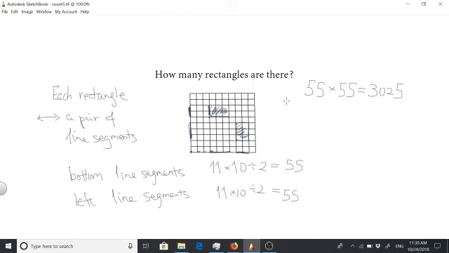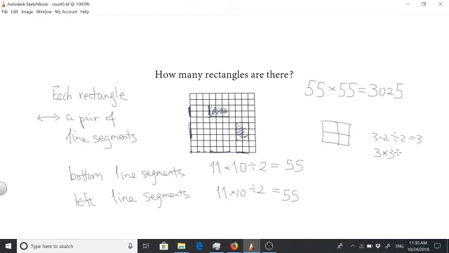3025. And this should remind you of the problem we did as a warm-up problem. Remember the warm-up problem, it's 2 by 2 squares. And we have 3 points here, and you choose 2 points, it will be 3 times 2 divided by 2. That's how many line segments are in the bottom, 3, and line segments to the left is also 3, and 3 times 3.